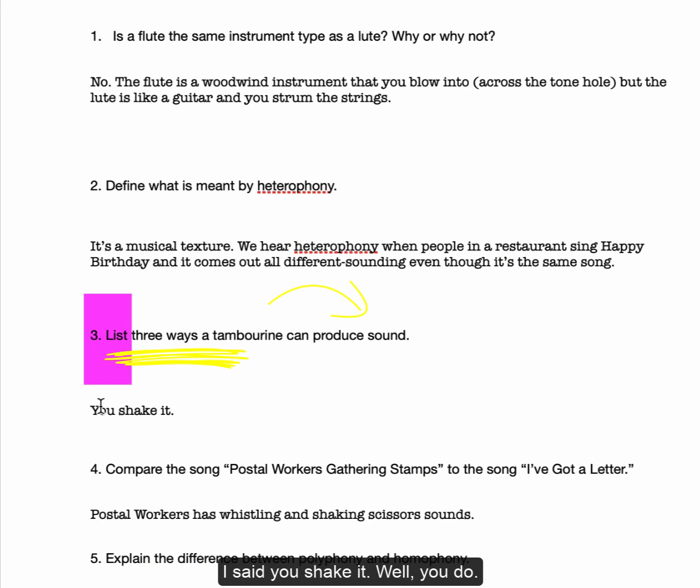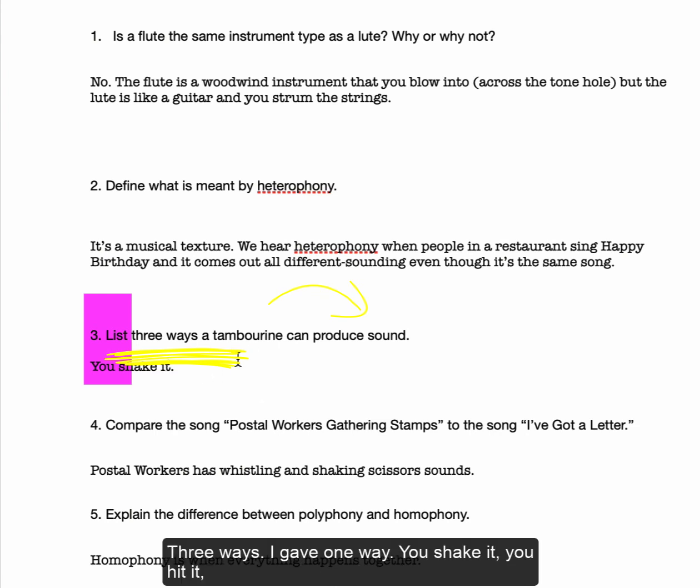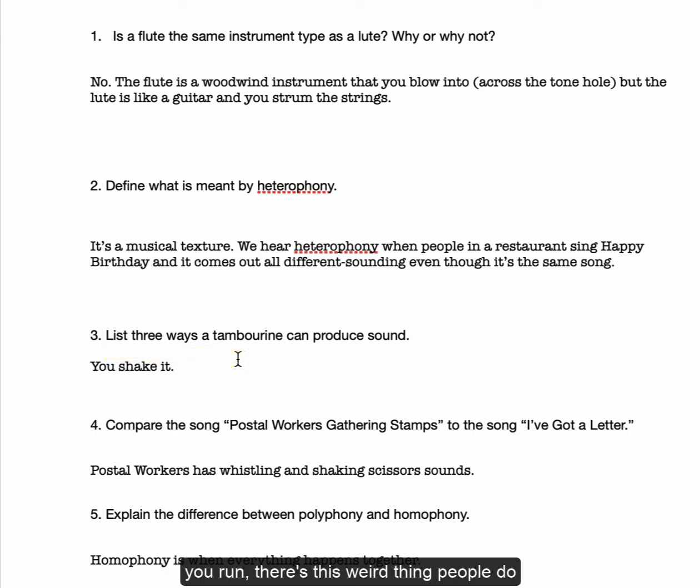Okay, list 3 ways a tambourine can produce sound. I said you shake it. Well, you do. I could just say, okay, 3 ways. I gave 1 way. You shake it, you hit it, there's this weird thing people do with their thumb to make a rolling, rattly sound. I could give more depth to my answer. It wouldn't hurt. You shake it, and the jingles rattle.